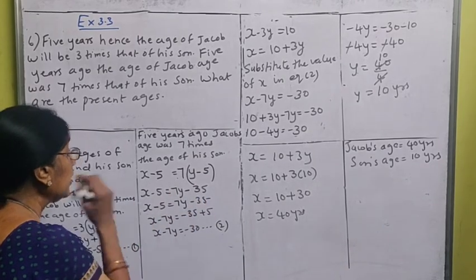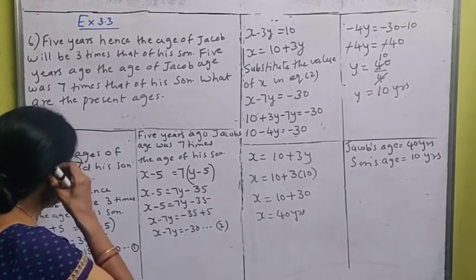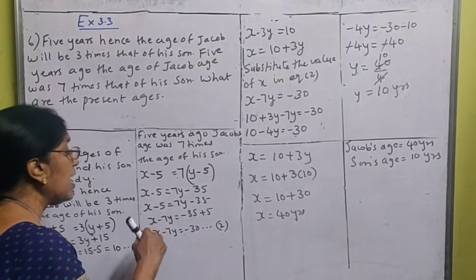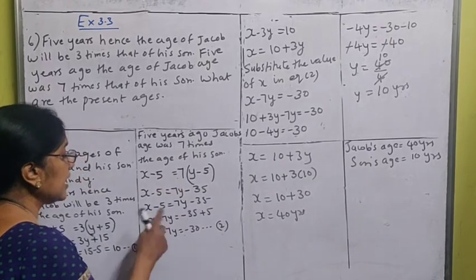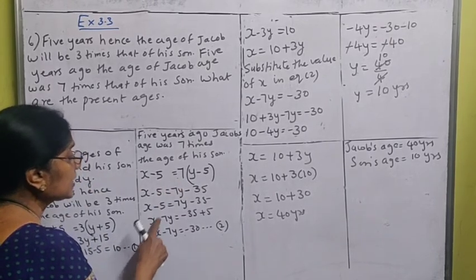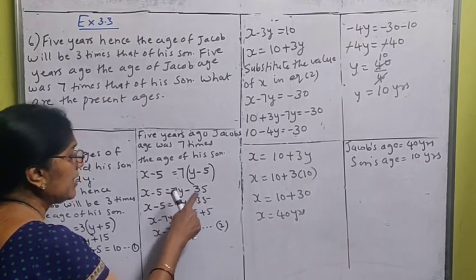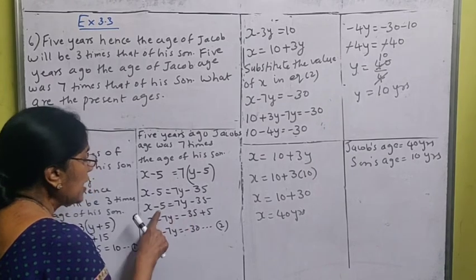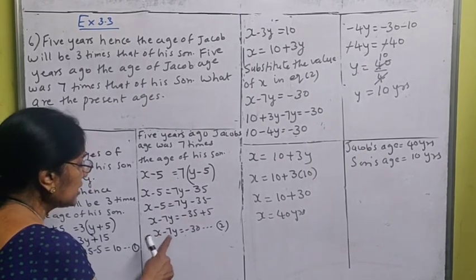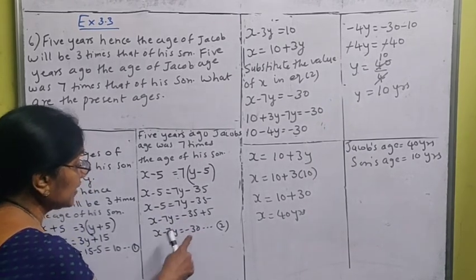So 7Y I will bring to the left hand side and 5 I will take to the right hand side. So X minus 7Y is equal to minus 35, and minus 5 will become plus 5. So X minus 7Y is equal to minus 30.